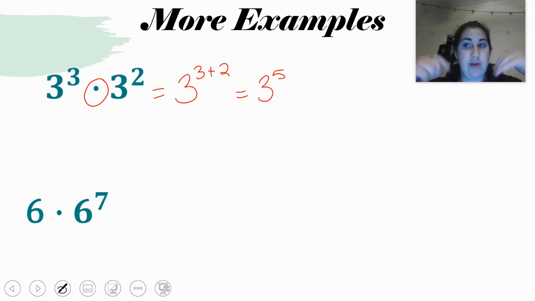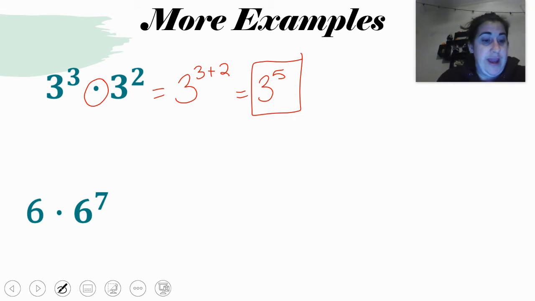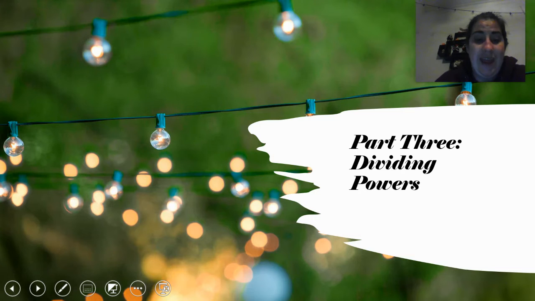We're not multiplying. When you're multiplying these, you're actually adding. So that's why you need to make sure you have your good notes. Okay, right here, 6 to the power of 1. So now we have 6 with 1 plus 7, which gives us 6 to the power of 8.